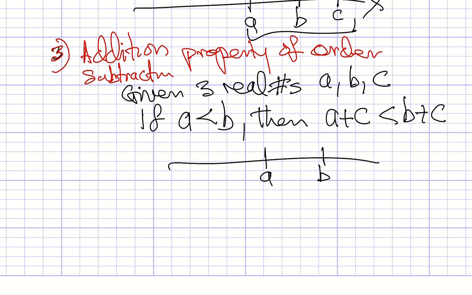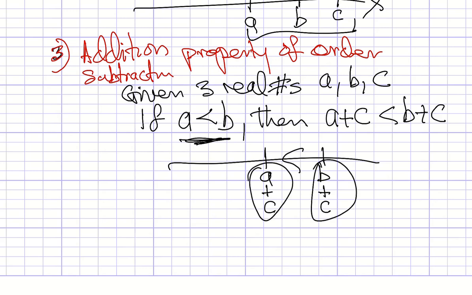If you add C to A, and then you add C to B, they will still be less because A is still to the left of B. If A is to the left of B and you add C to both of them, the result will still be to the left. That's all that is saying.